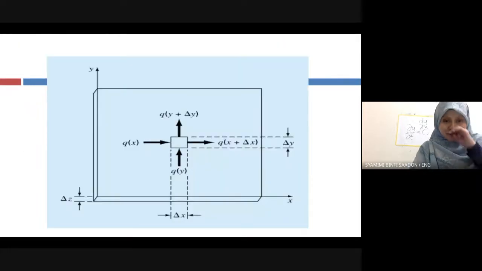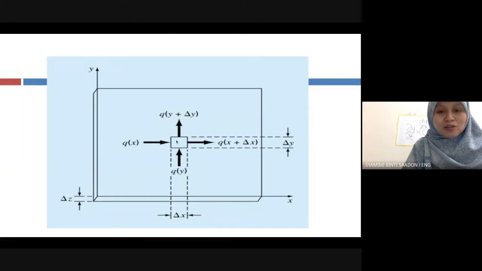For example, like this, we have a small element here. We use the notation Q because Q is normally the physical notation for heat transfer. We have Q as a function of y and x. For example, we have a small element here, so we have Qy at point y and Q at point y plus delta y, the step size, and also Qx and Qx plus delta x.